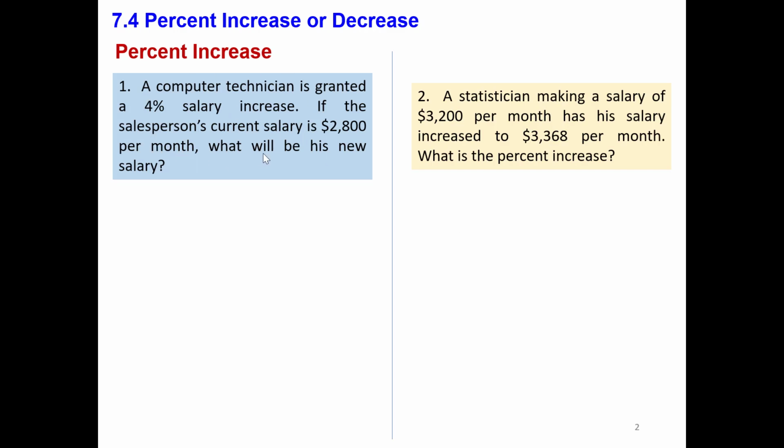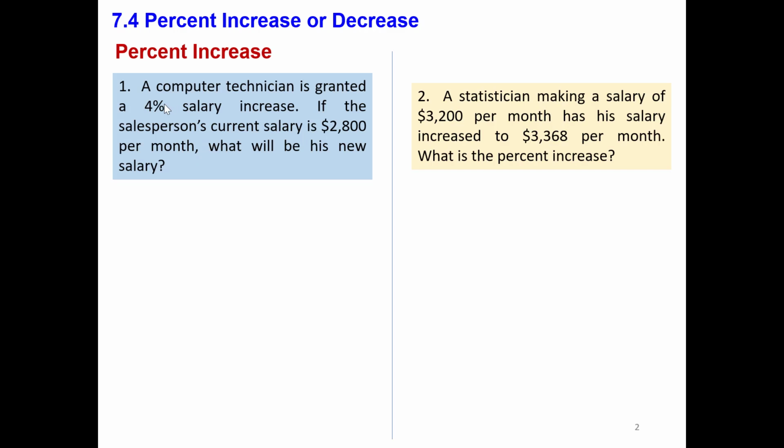In the first problem, we had a computer technician who is granted a 4% salary increase. If the salesperson's current salary is $2,800 per month, what will be his new salary? If we want to calculate the new salary, we need to calculate how much the salary increased.